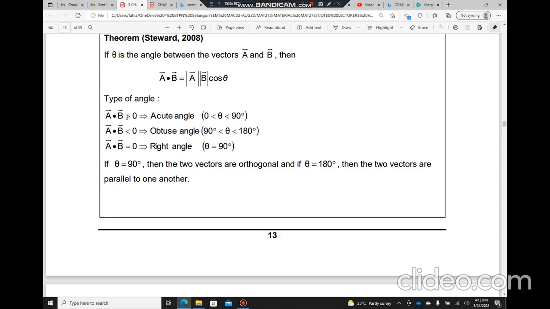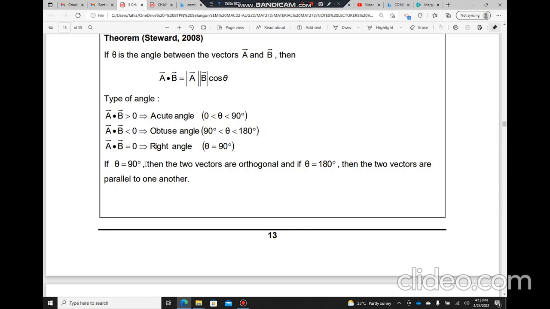If A dot B is greater than 0, we get an acute angle, meaning the angle is between 0 and 90 degrees. If A dot B is less than 0, we get an obtuse angle, which is theta between 90 and 180 degrees. And the last one, if A dot B equals 0, we get a right angle, meaning theta equals 90 degrees.